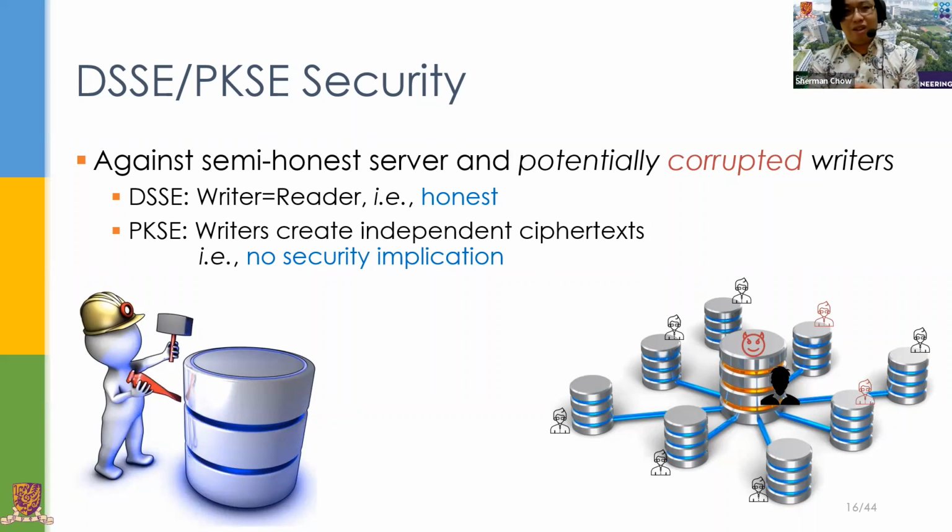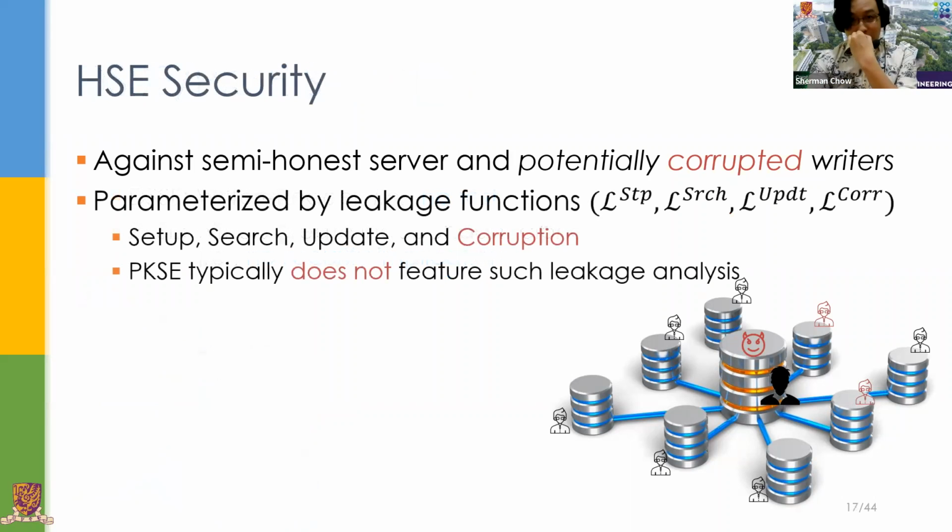I'm suggesting that we need to think a little more beyond just viewing the security definition from the established paradigm. So that is the quick shipment for the HSE security definition. We are still talking about security against a semi-honest server and potential corruption.